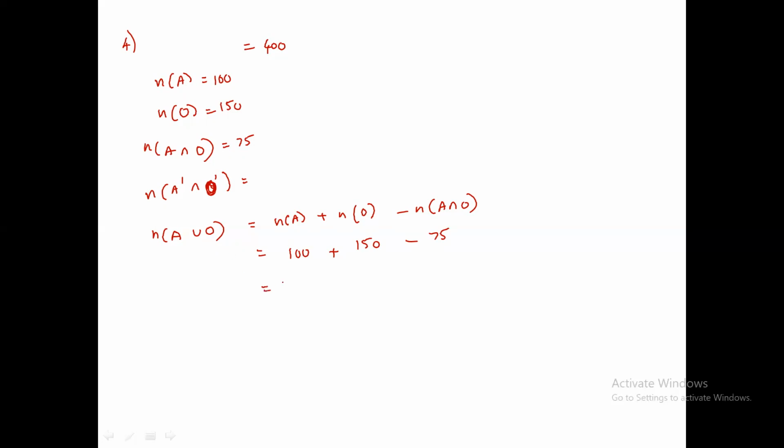So now we will get total 175, N of A union O. But because we have to find N of A dash intersection O dash, that means we have to find N of A union O whole dash.